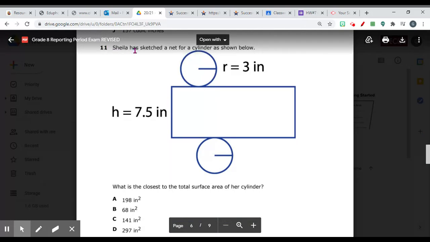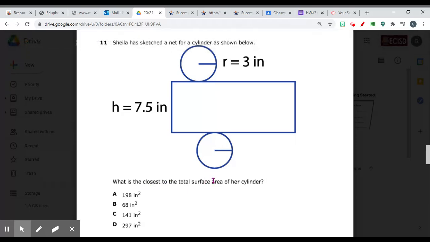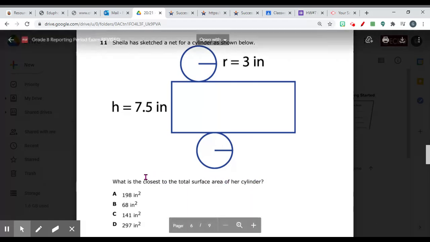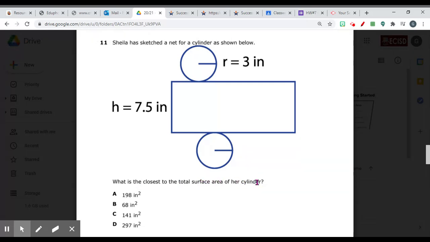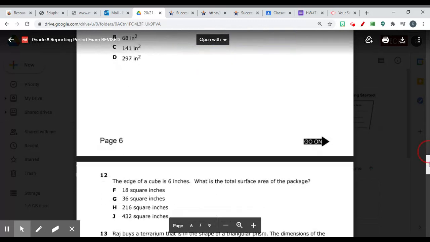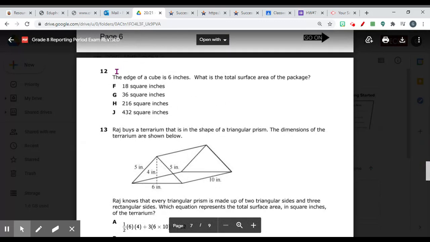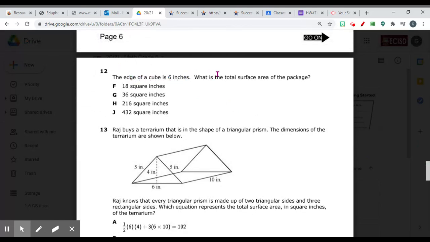Number 11. Shayla has sketched a net for a cylinder as shown below. What is the closest to the total surface area of her cylinder? Number 12. The edge of a cube is 6 inches. What is the total surface area of the package?